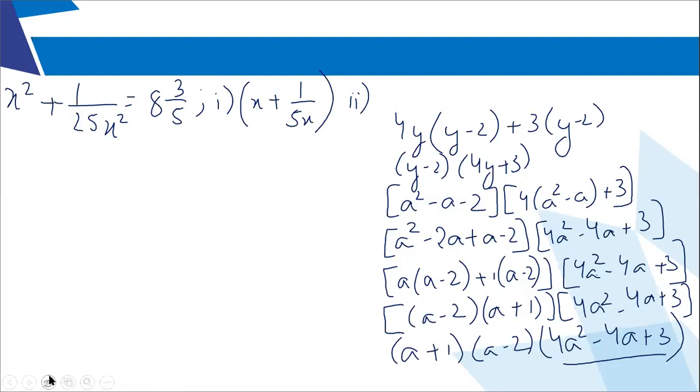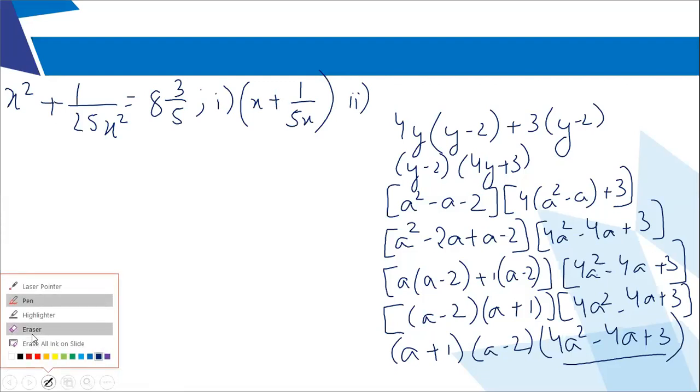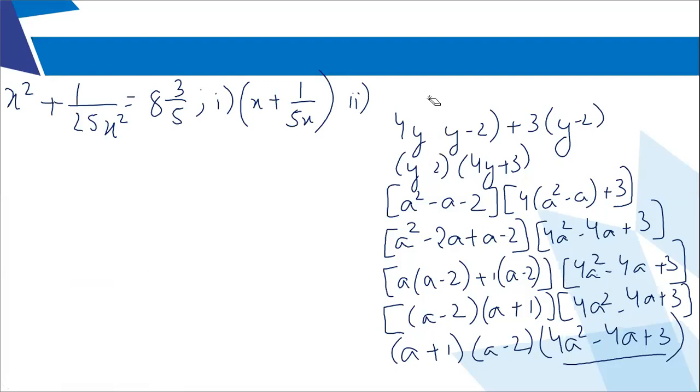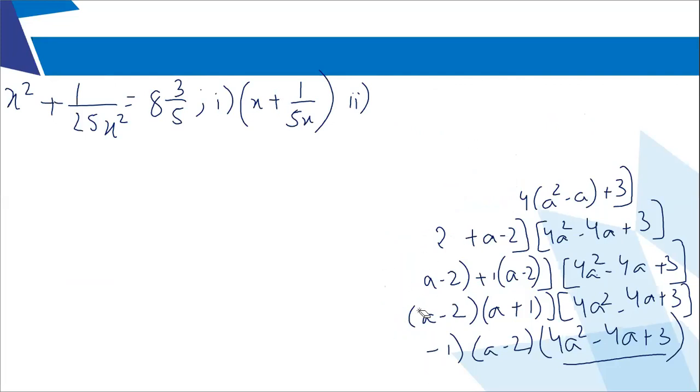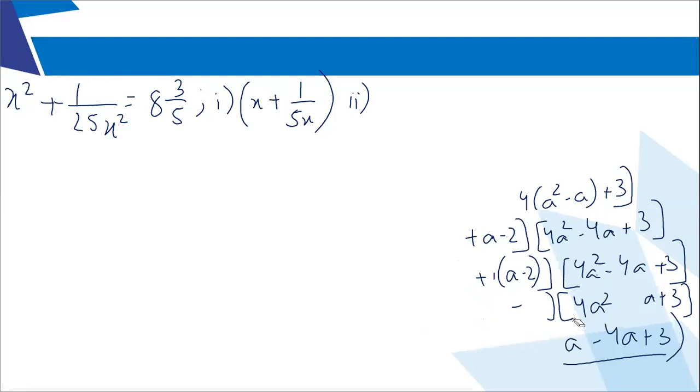Start doing the first part. I will write the second part in the meantime. Ma'am, in x square plus 1/25x square, can we put the square sign outside the bracket? Can I take a square common? That is what you're saying.